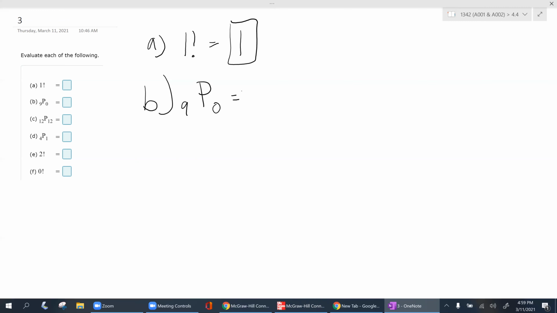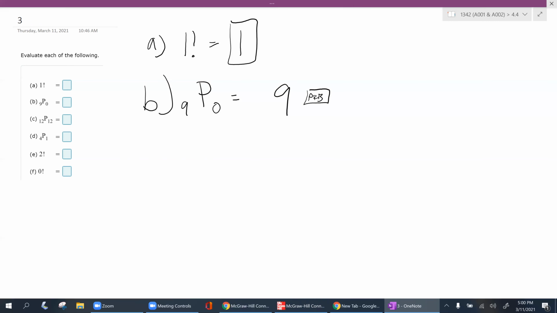And by the way, if you're using a calculator, again, the TI-30X2S, my favorite calculator, you can type in 9, then click on the probability button, and you're going to see 2 options, nPr and nCr.